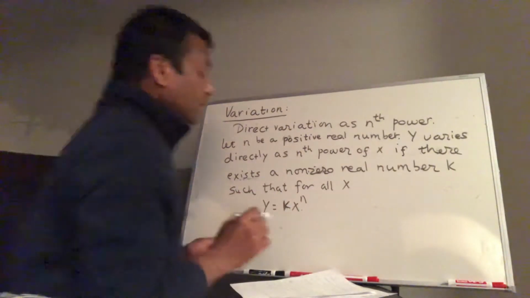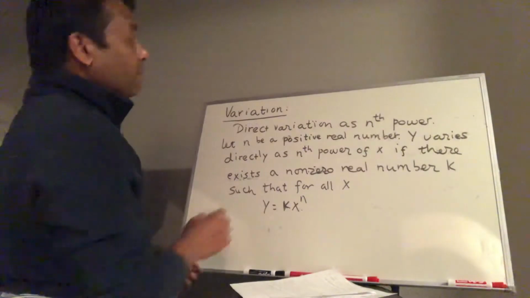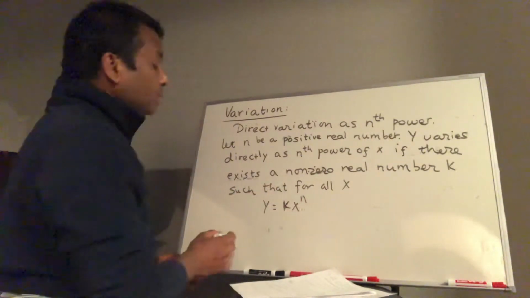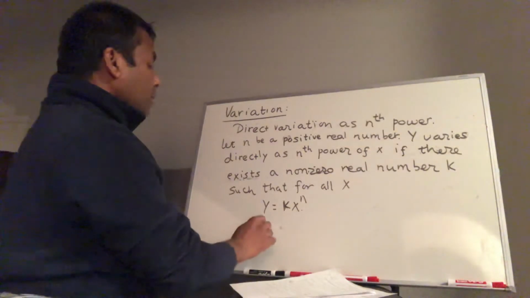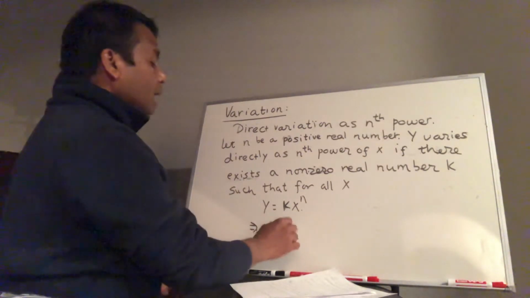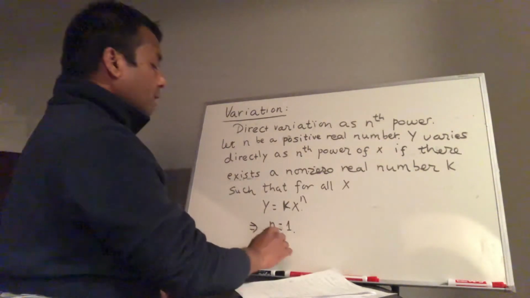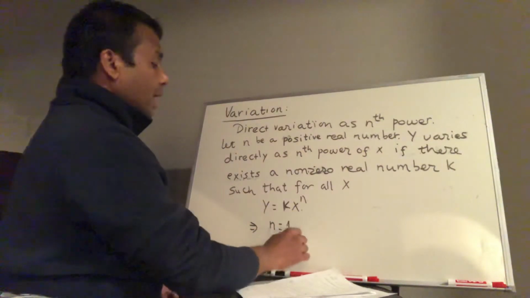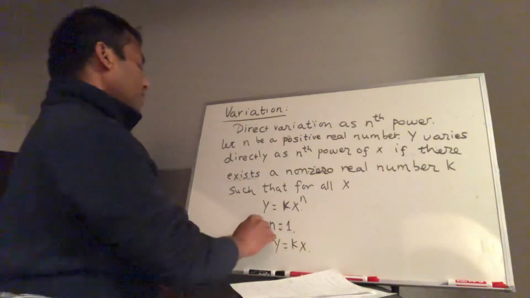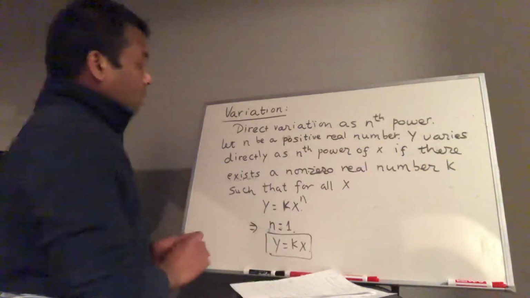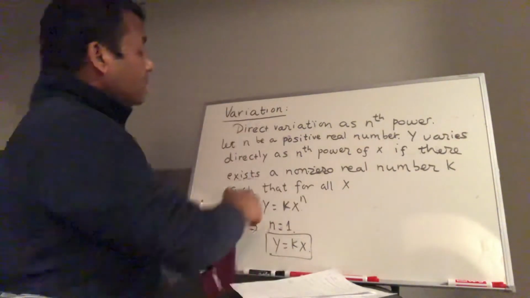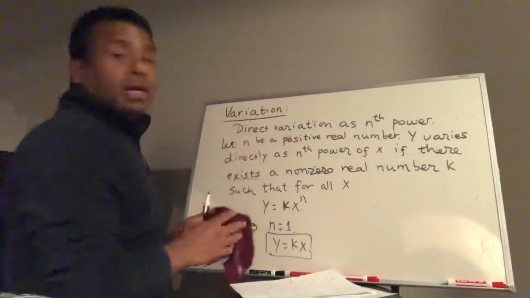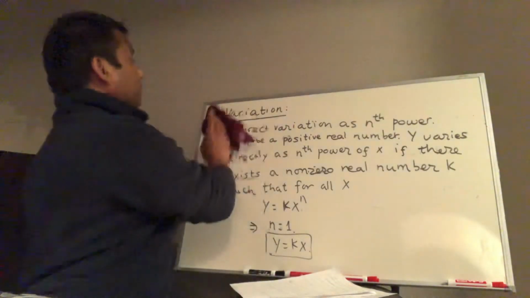So this is the definition for direct variation as nth power. So now here if we put n equal to 1, then this is exactly y equals k times x. Okay? So this is the definition for the direct variation as nth power.